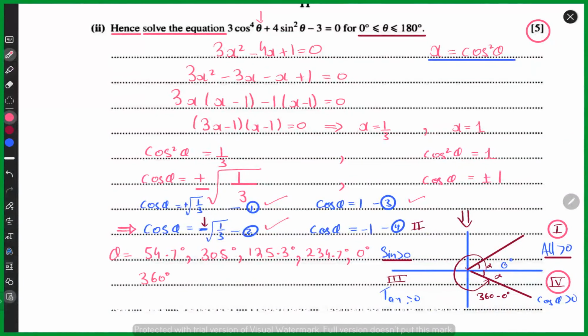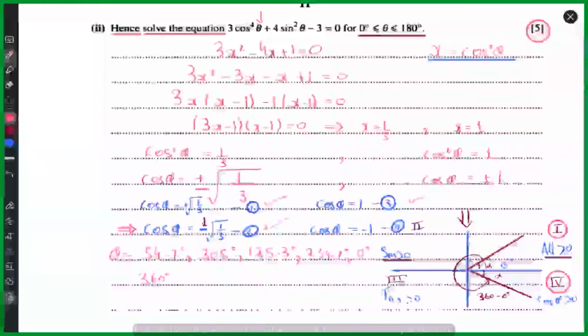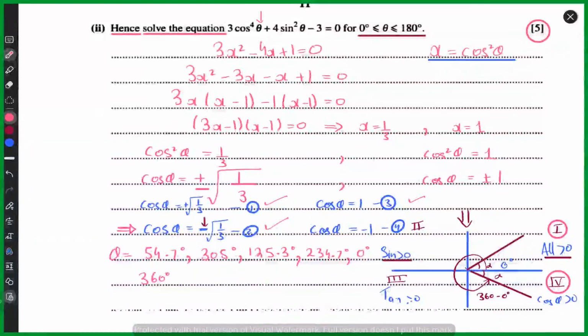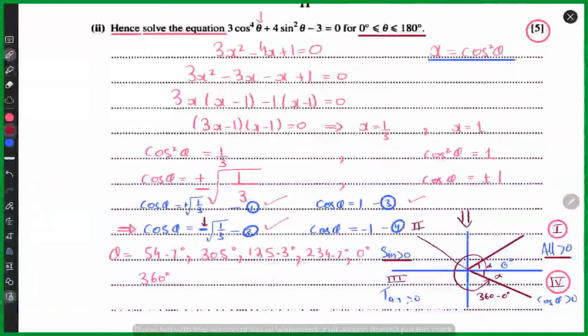When your cos is negative, the only difference between third and fourth is the sign. So the basic angle, alpha, is again 0 degrees. Because of this negative sign, I am going to consider the second and third quadrants, because cos is negative in the second and third quadrants. How do I find the angle in the second quadrant? This is my line, this is alpha, and in the second quadrant I start from here and go till here.